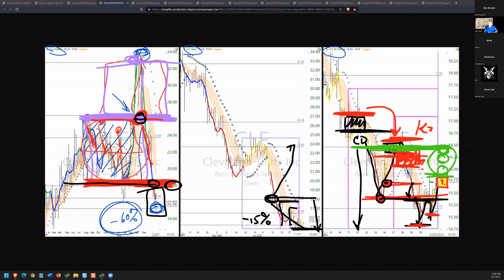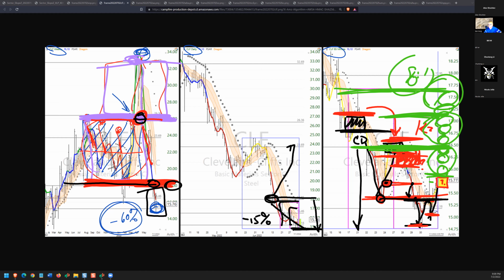If that doesn't stop it, then you could see another leg up to 17.25, 4, 5, 6, just to the 5-day high. And if that doesn't stop it, it could get to the 10-day high with a couple more. So there's a 8 to 1 possible trade to the upside coming out of our small risk box.